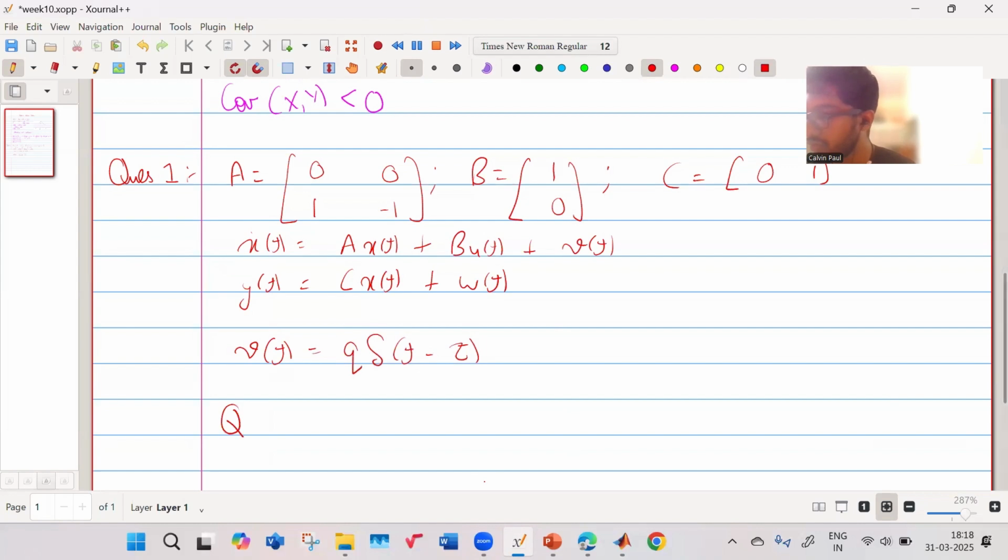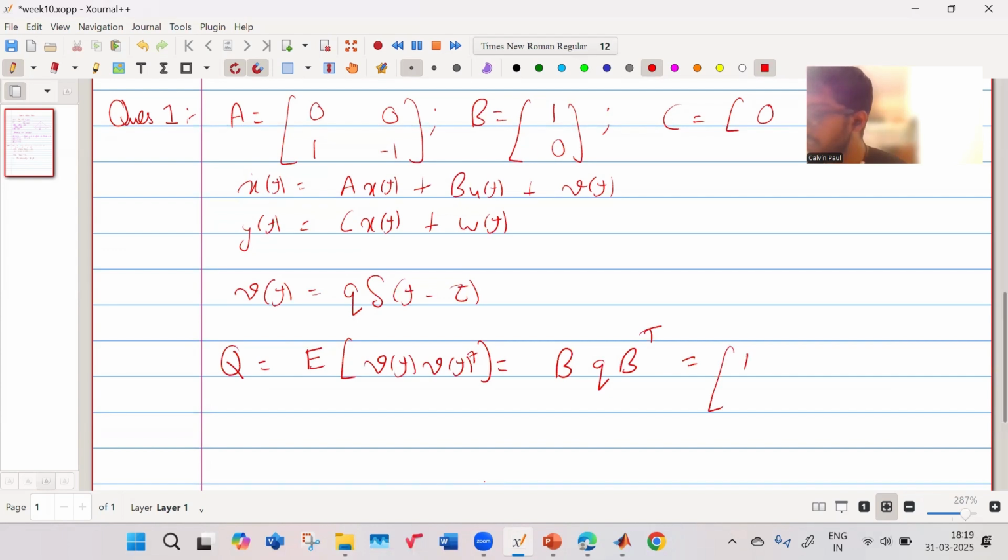The Q, which is the expectation of v of t into v of t transpose, is written that way because they assume this noise is coming from the input. So it becomes B Q B transpose, that is [1; 0] Q [1 0], which equals [Q 0; 0 0]. So this is the resultant Q matrix.